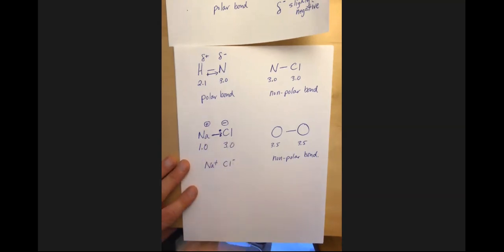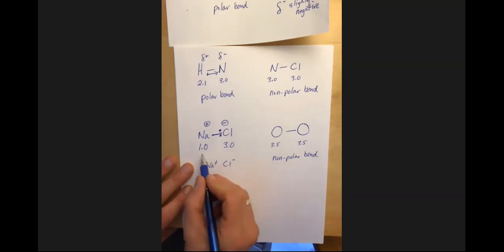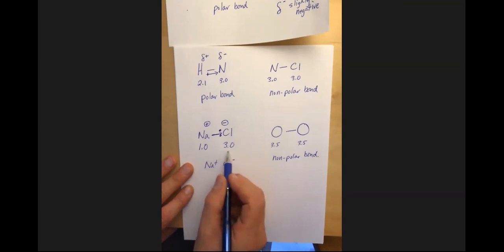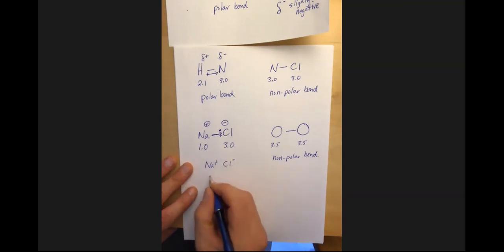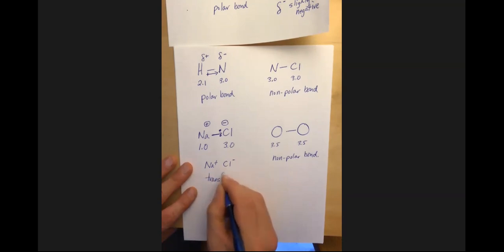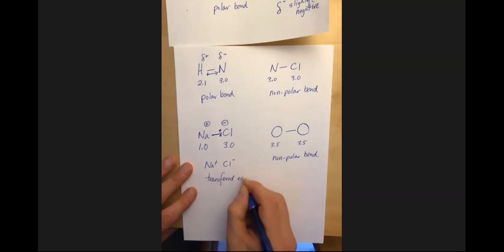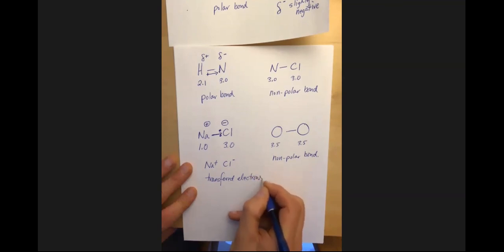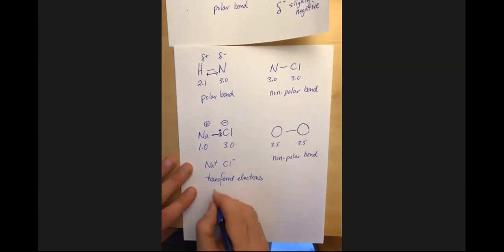And we would more normally write that as sodium chloride, sodium plus ions next to chloride ions. And so if this electronegativity difference is super large, then we would say the electrons aren't shared, they're transferred. And if we have a transfer of electrons, we call that an ionic bond.